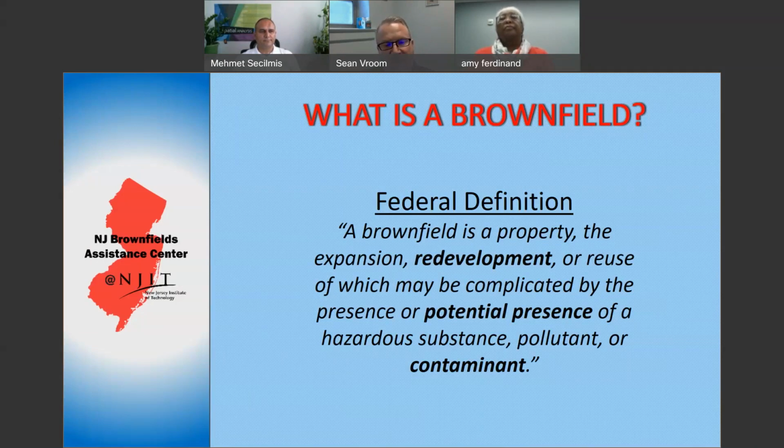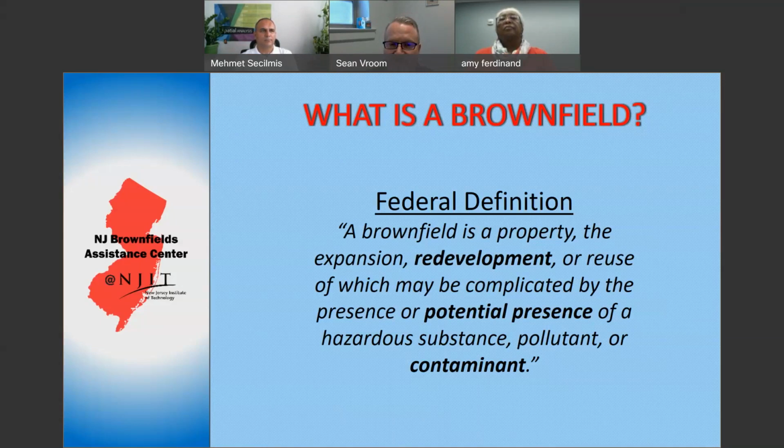So an example of that would be if you have an active gas station that has a leaking tank, that has a contamination issue, but it's not a brownfield because it is still a viable business. The opposite side of that would be an old auto repair shop. Looking at that, and because of its former use, you would think, yes, this site probably has contamination issues associated with it, but that isn't necessarily the case.